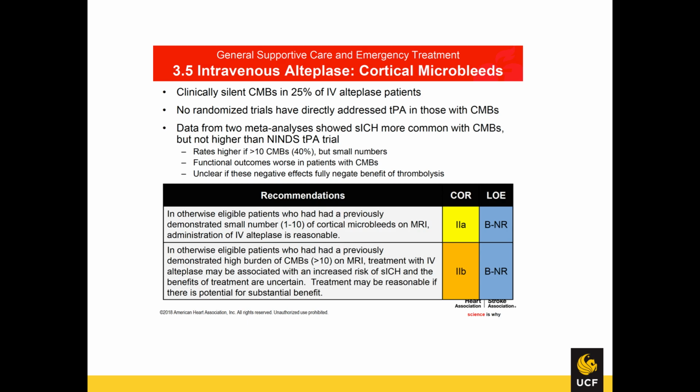Okay, intravenous alteplase for cortical microbleeds. Clinically silent cortical microbleeds, we're going to call them CMBs here. About 25% of IV alteplase patients are experiencing these. There have been no randomized trials that have directly assessed TPA in those with CMBs, but data from 2 meta-analyses showed that ICH was more common than CMB, but not higher than in those without.